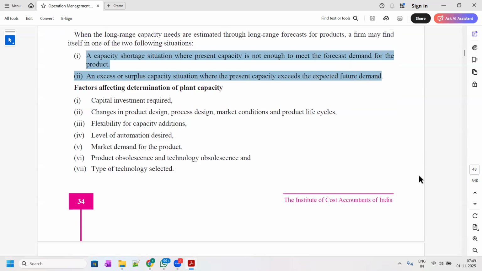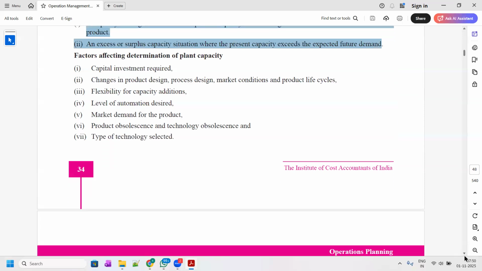The next thing is the factors that affect the plant capacity. The first is the amount of capital available for investment. The next factor would be changes in product design, production process, market trend, and product life cycle.